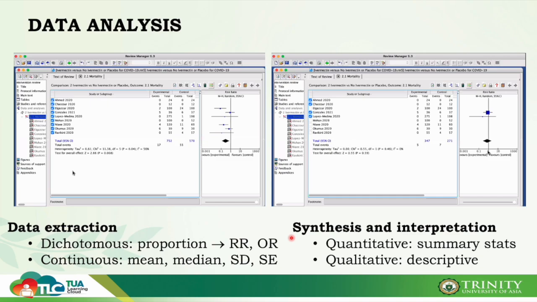Okay? Please don't be confused. Okay, systematic review is more on organizing the data, making it easier to understand, while meta-analysis is drawing a new conclusion out of available data or available research articles. Yan yung systematic review versus meta-analysis.